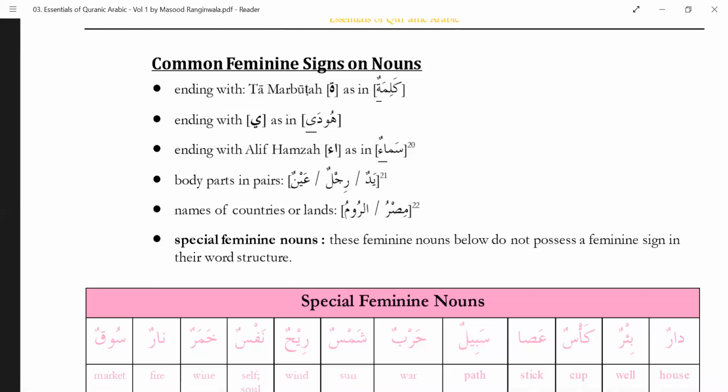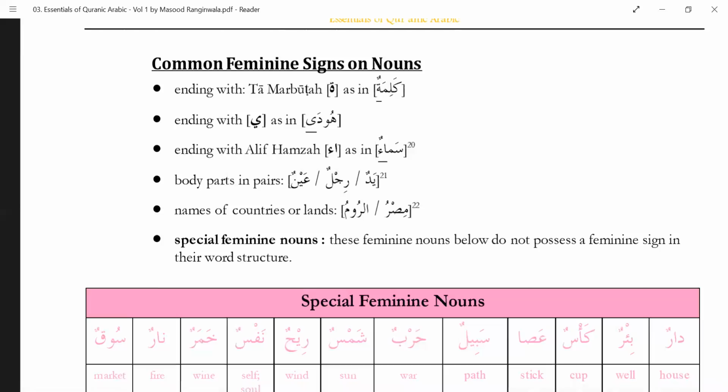There is no reason for it, because as you remember, we had mentioned at the beginning of the book when we started the course, that this language is of the Arabs. So whatever you will learn, you need to remember that this is how the Arabs talk. So you are learning whatever they did.